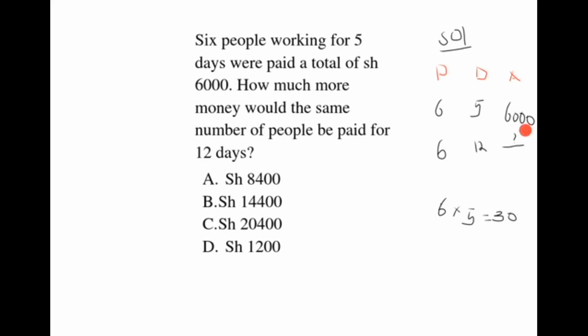Then 6,000 we divide by 30. 6,000 divided by 30. By 30, you get 200. Therefore, per day, each earns 200 shillings.